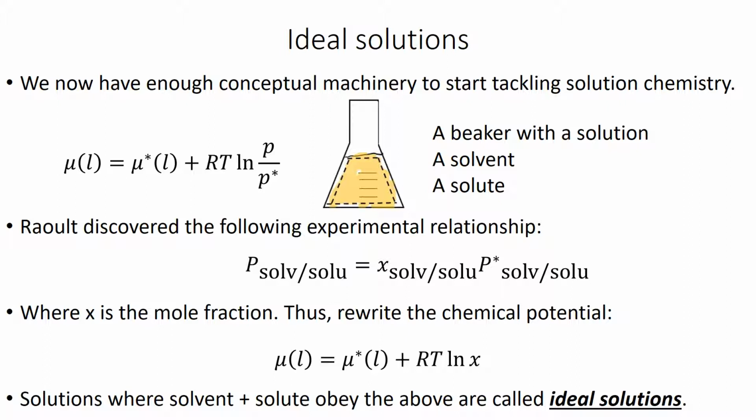So you need to burn this into your memory. If you see the bottom equation and it is stated that both the solvent and solute obey this equation, you are dealing with an ideal solution.